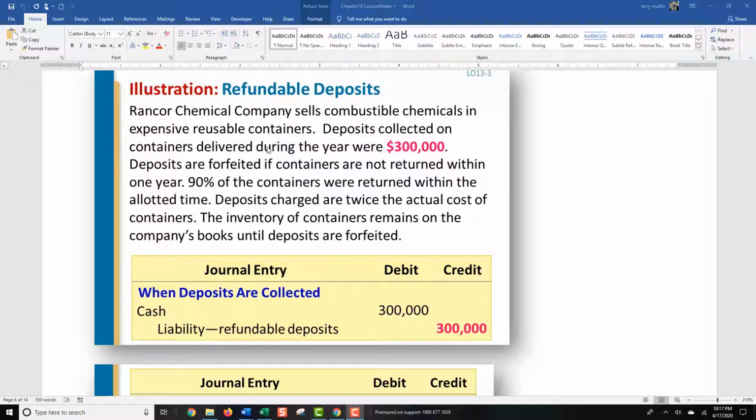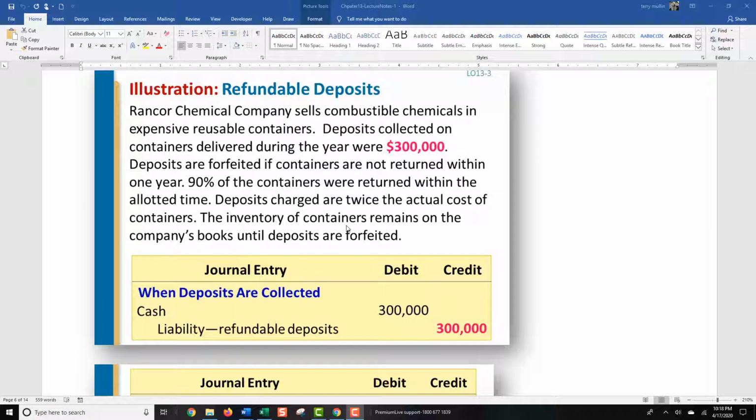The containers delivered during the year were $300,000. Deposits are forfeited if the containers are not returned within 1 year. 90% of the containers are returned within the allotted time. The deposits charged are twice the actual cost of the containers, right?